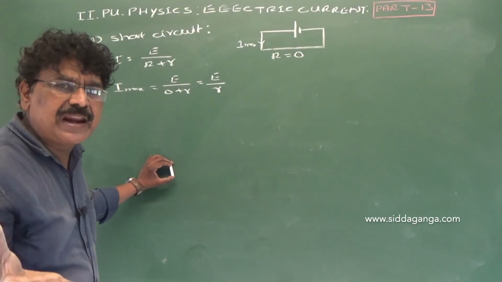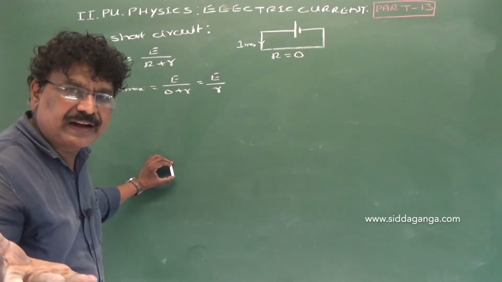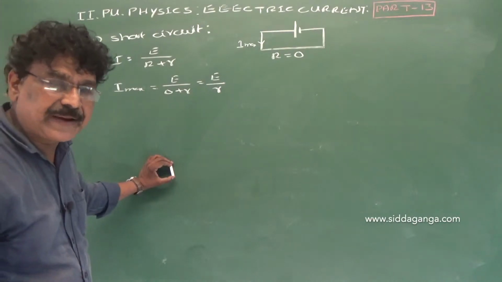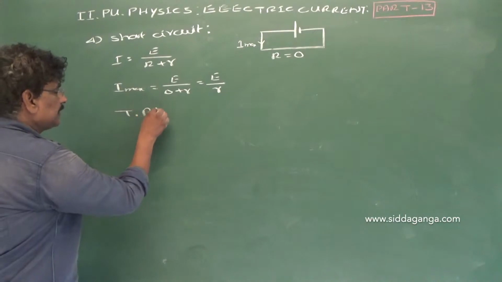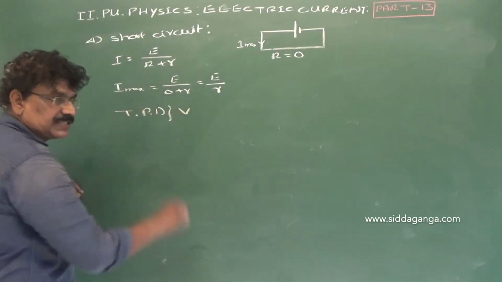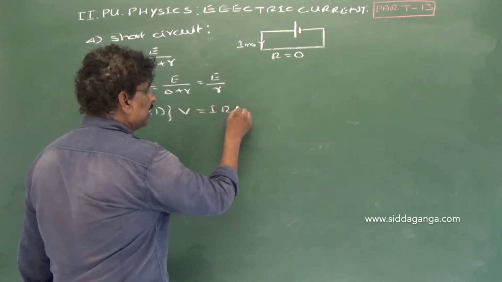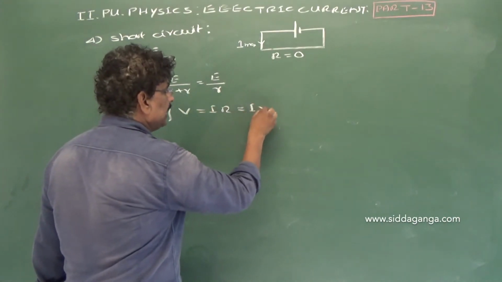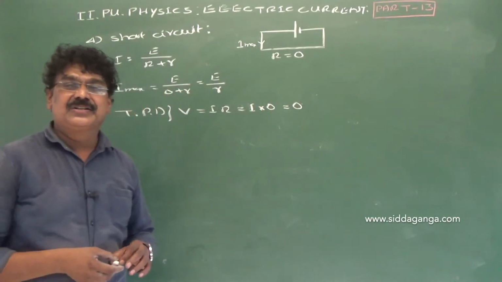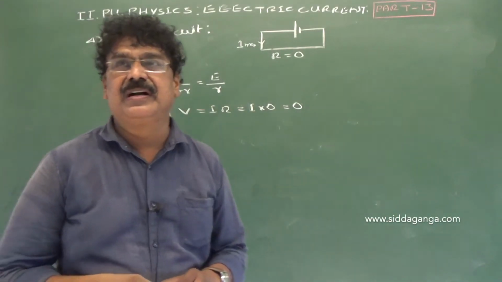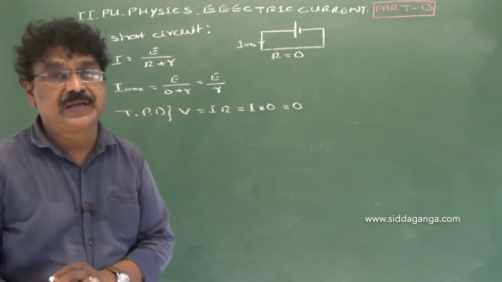A very high value of current flows in the circuit and that produces a large heating effect and the circuit catches fire. And in this case, what is the terminal potential difference? Terminal potential difference V is equal to IR, which is I into 0, which is equal to 0. In short circuit, the terminal potential difference across a cell is equal to 0.